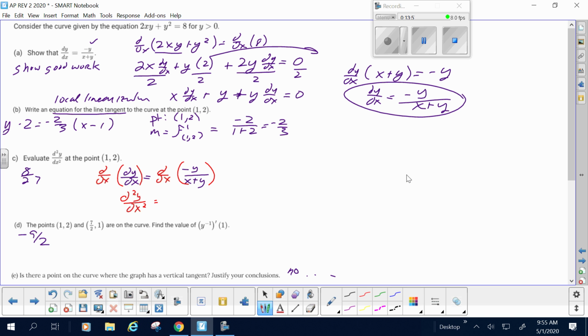The derivative on the right with respect to x is quotient rule, so low d high, the derivative of negative y is negative dy/dx. Minus high, negative y, I guess that will be plus. d low is derivative of x, which is 1, plus derivative of y, which is dy/dx, over the square of what's below.